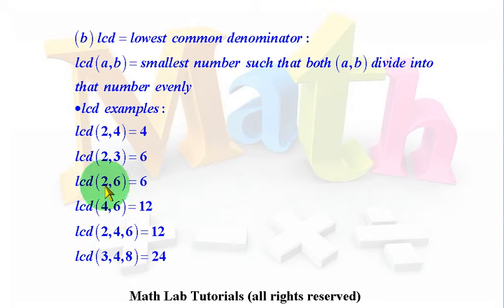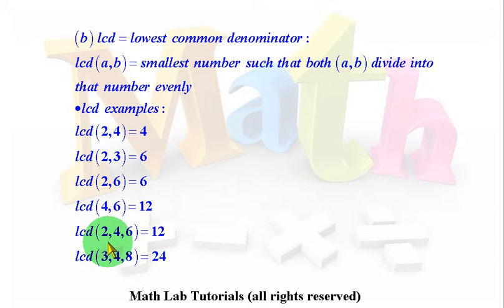The LCD of 2 and 6 is 6. Why? Because 2 goes into 6 evenly and 6 goes into 6 evenly. And again, 6 is the lowest such number to do that. The LCD of 4 and 6 is 12. Why? Because 4 goes into 12 evenly and 6 goes into 12 evenly. And again, 12 is the lowest such number.